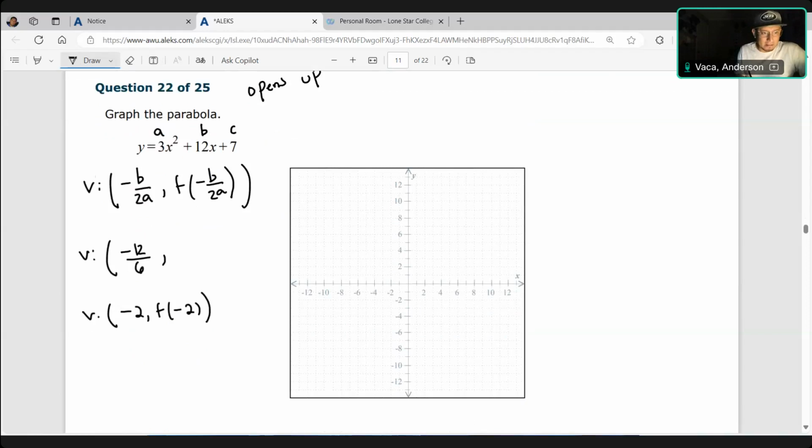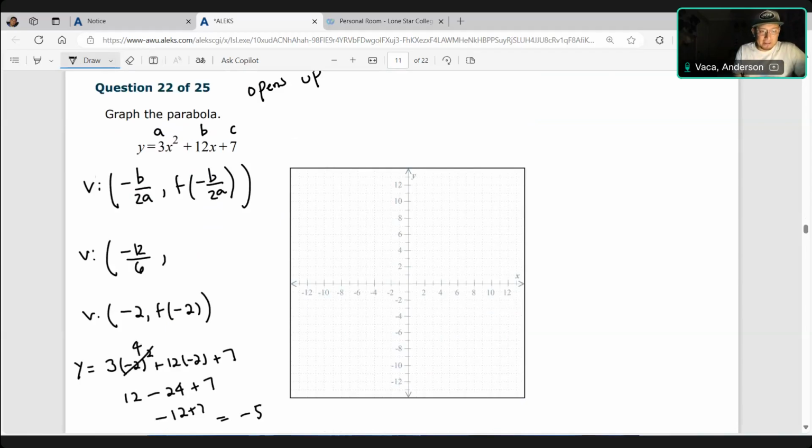Let's plug that in. The y value will be 3 times negative 2 squared plus 12 times negative 2 plus 7. This will be 4, so that will be 12 minus 24 plus 7. This is negative 12 plus 7. We get negative 5.